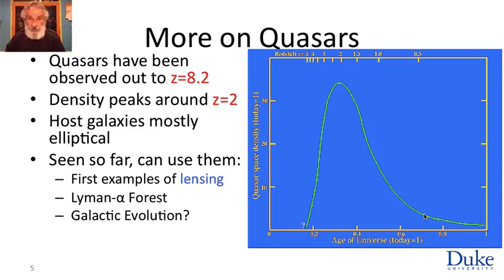When the host galaxies were identified and the redshifts of the host galaxies were found to match the redshifts of the quasars, the controversy over redshifts was finally laid to rest. These are indeed distant objects, leaving the question, how can they be so luminous? And these host galaxies turn out to mostly be large elliptical galaxies.